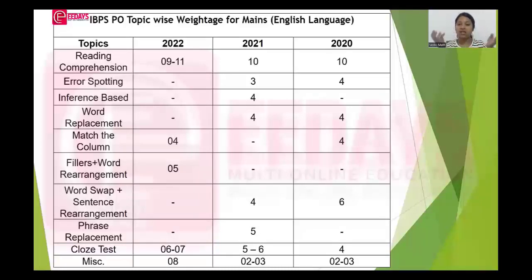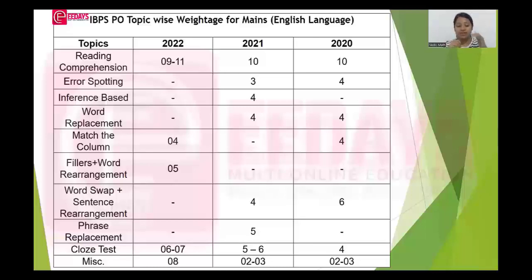Again, there is a high chance that they are going to ask this year. And coming to phrase replacement, 5 marks they asked in 2021, whereas in 2020 and 2022 no questions were asked. But still, you can expect it this year also. Don't neglect this topic, there is again a possibility that they might ask on this.